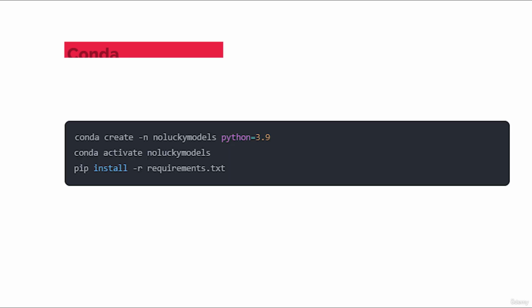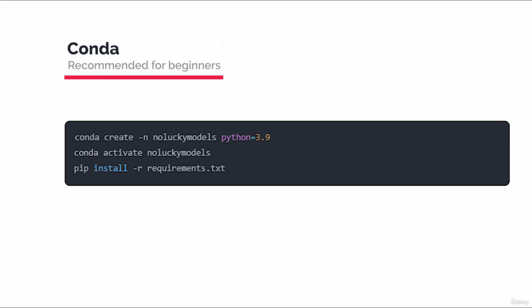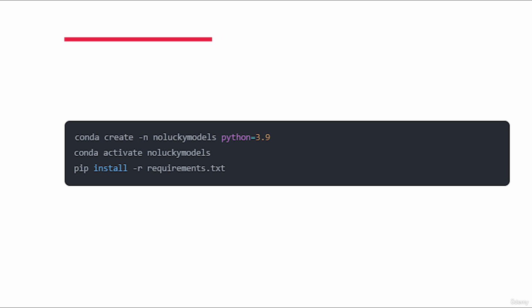While the setup script works for simple installations, professional data scientists almost always use isolated environments. Let me show you the two main approaches. Conda, which is recommended for beginners. Conda creates a separate Python installation for each environment, providing the strongest isolation. This is particularly useful for packages with binary dependencies like TensorFlow or PyTorch.